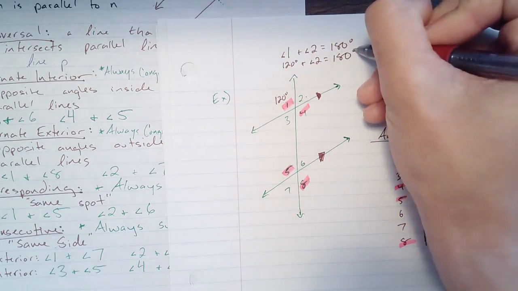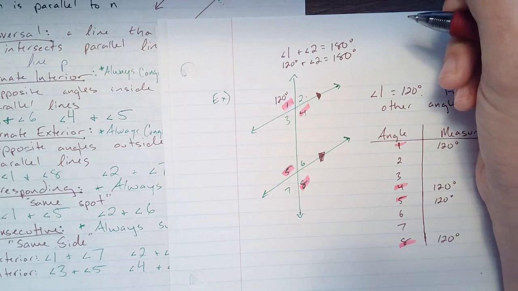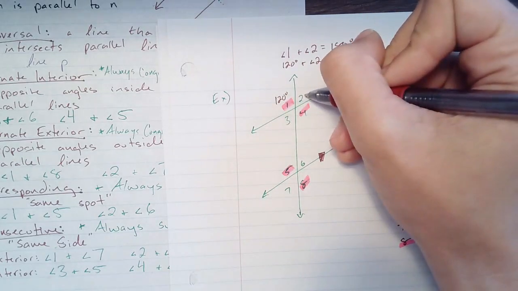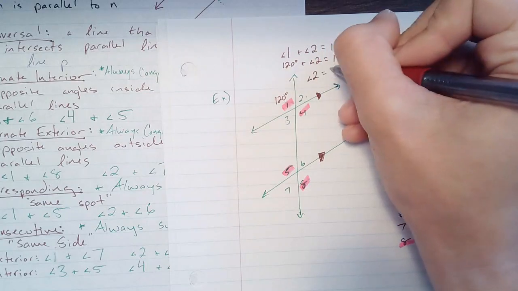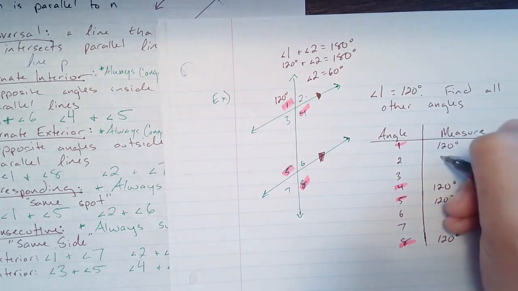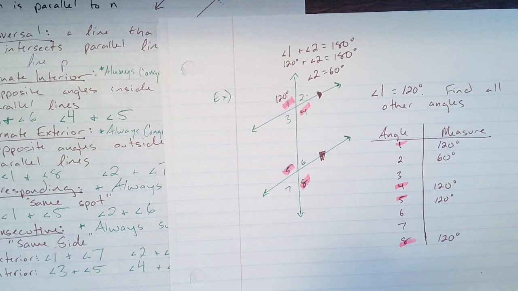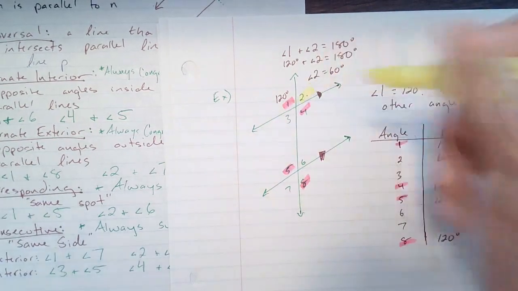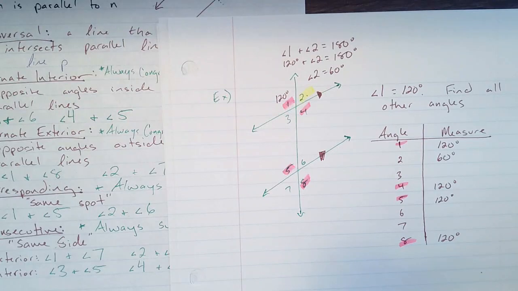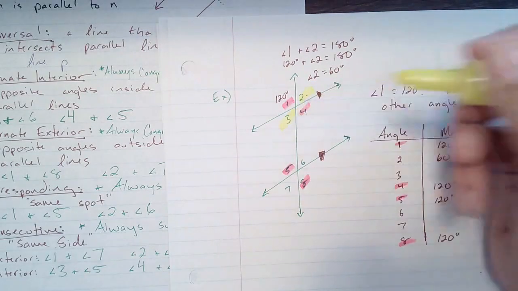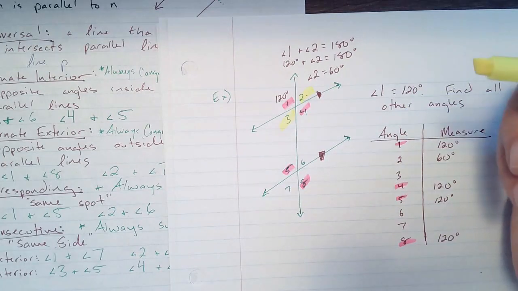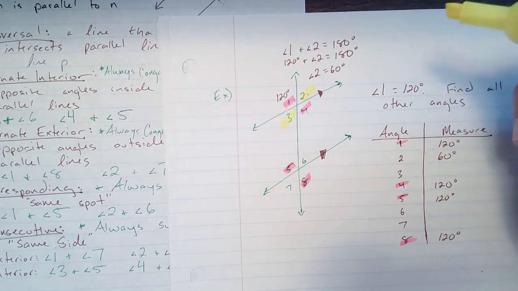And angle 2 and angle 3 are vertical, which we remember from a couple of weeks ago, means that they're congruent. Angle 2 and angle 7 are alternate exteriors, because they're opposite side outside, which means they're congruent. And then 2 and 6 are corresponding, they're congruent. So 2, 3, 6, and 7 all have the measure of 60 degrees.